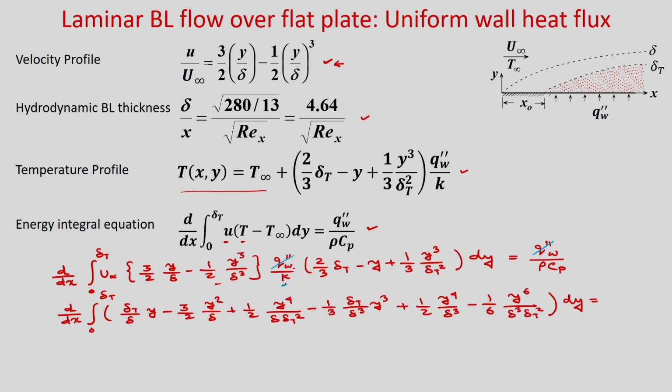And on the right hand side we are taking this k and u infinity, because these are constants. So, you can take them outside the integral and put them on the right hand side.